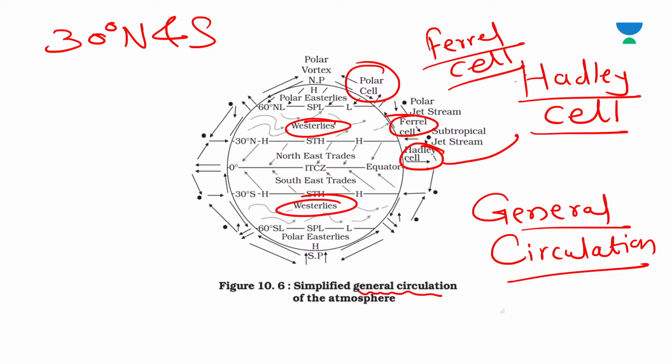A schematic description of the general circulation is shown here in the diagram itself. Now, polar vortex at North Pole.